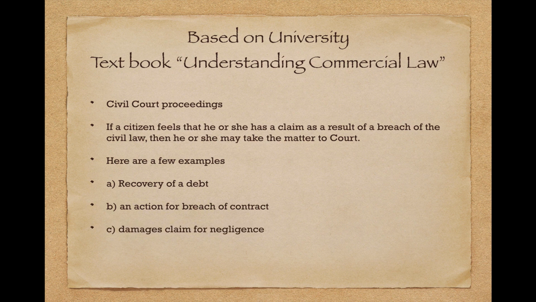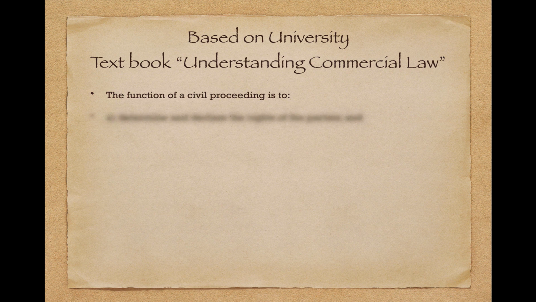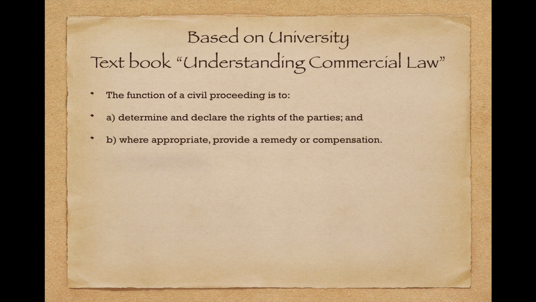A damages claim for negligence or recovery of goods or land. Now, this is all done under civil law. And as we said earlier, civil law includes common law and equity. They're not separate. The function of a civil proceeding is to determine and declare the rights of the parties and, where appropriate, provide a remedy or compensation.